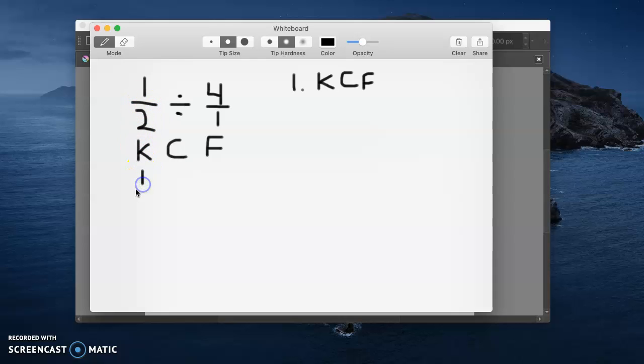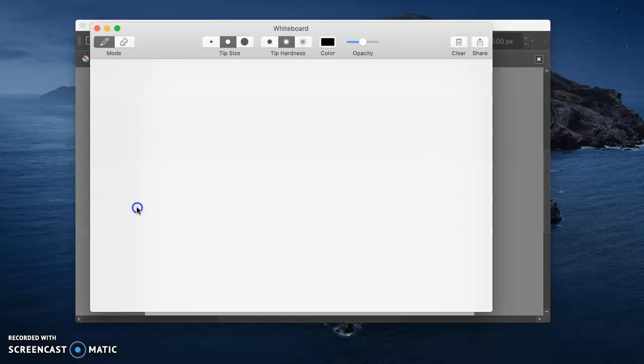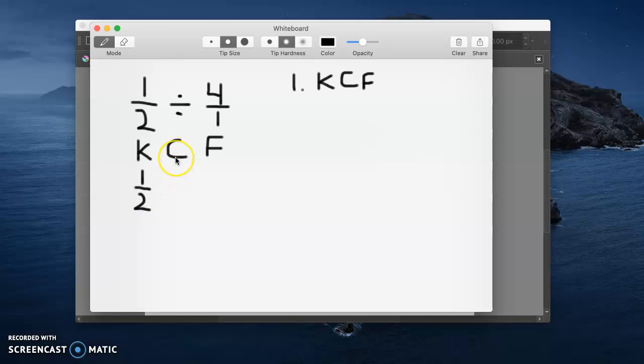So I'm going to write it down here. The C is change, so that means whatever is above it, this division sign, I'm going to change it to multiplication. F for flip means whatever is above the F, I'm flipping. So I'm going to flip this fraction, 4/1, to 1/4.